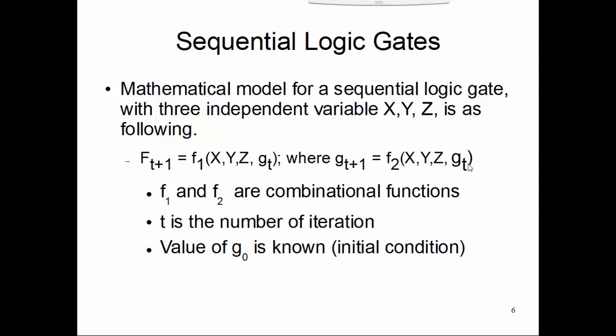So f1 and f2 are combinational functions. t is the number of iterations, and since there is a t plus 1 and t kind of term, if we are computing g1, for example, where t equals 0, then we are coming out of the term z0, which is known as the initial condition. This is just an FYI right now for this semester. Next semester we'll talk more about this.